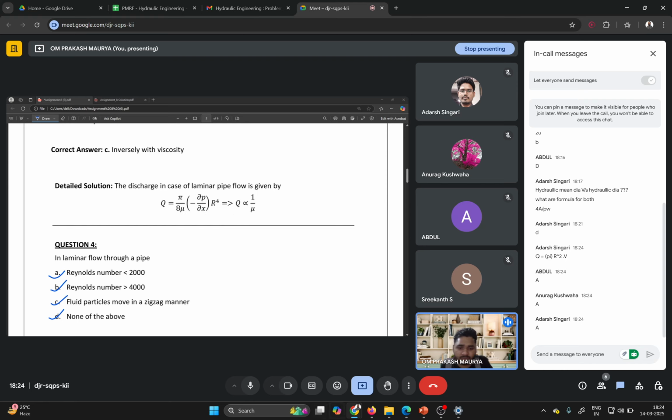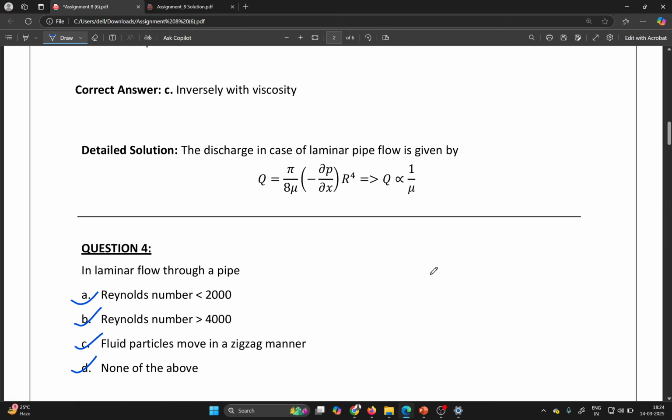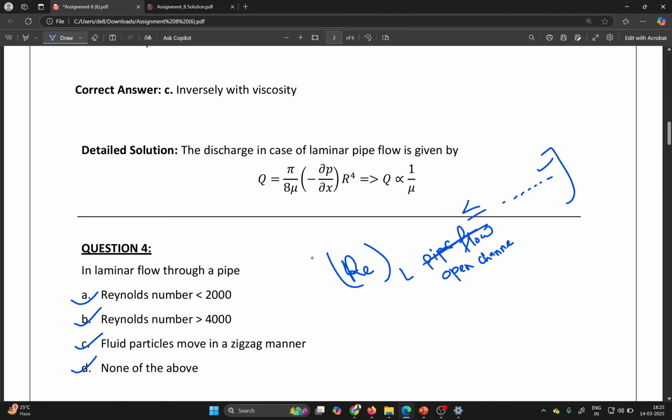Just to add, for laminar flow in an open channel, not pipe, what should be the range? Reynolds number less than or equal to what should I fill here, in case of open channel?